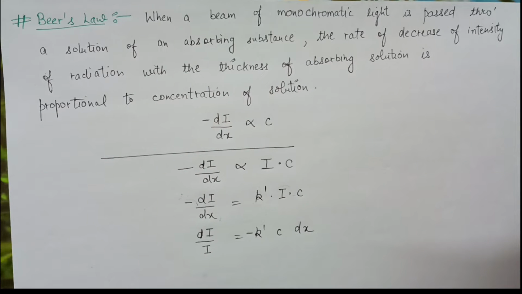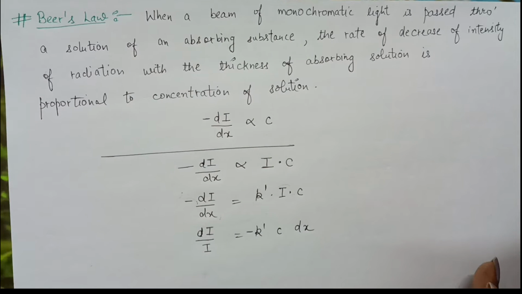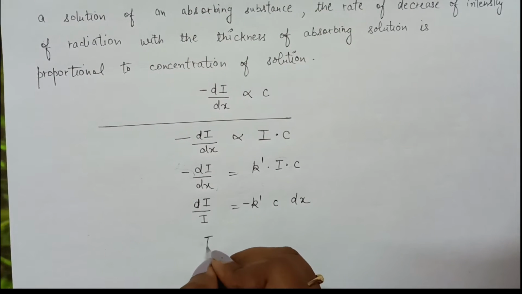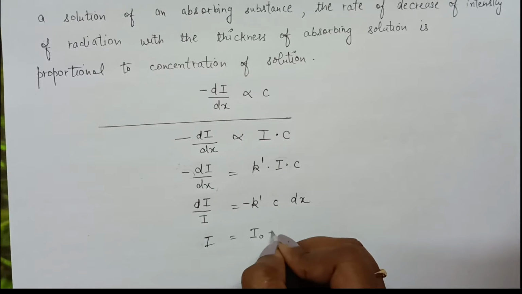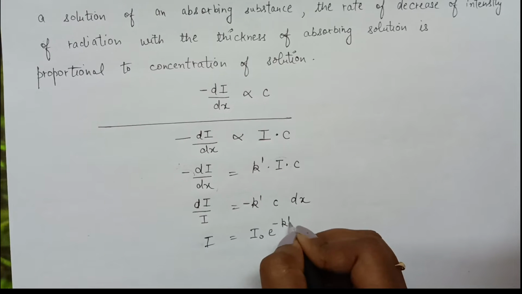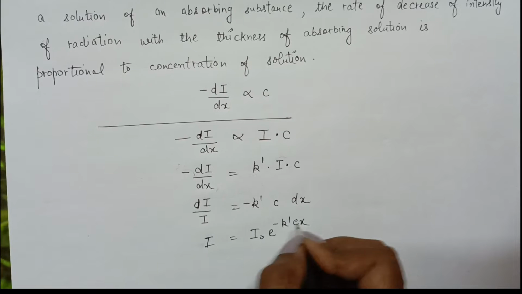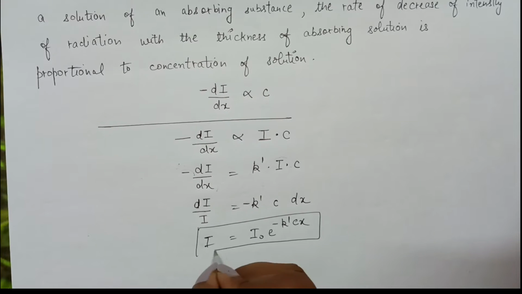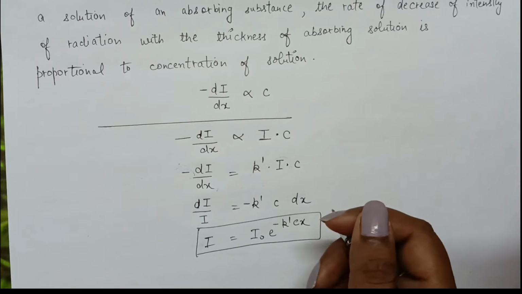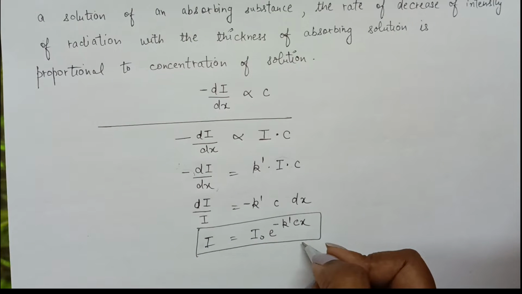So this is simple rearrangement. Now from here, just like in the case of Lambert's law, we will get I equals I naught e to the power minus k dash C x. We need not solve this again. We have solved this type of expression in Lambert's law. So we will directly write this part.